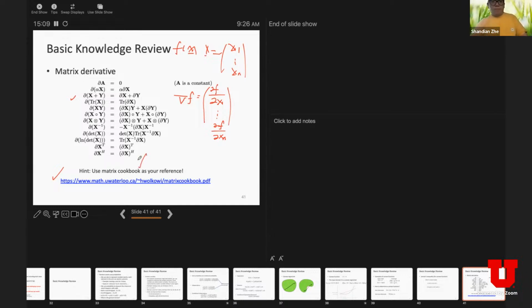So for any function, according to Taylor expansion, if you expand it at some particular point x0, you get f(x0), then the gradient of f at x0 times (x minus x0), plus some higher order terms in (x minus x0), higher than first order.